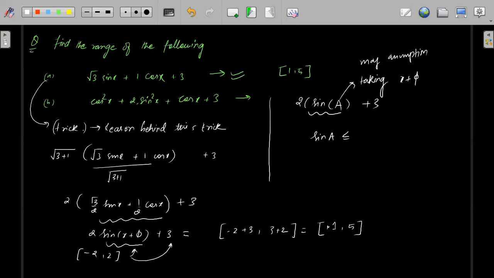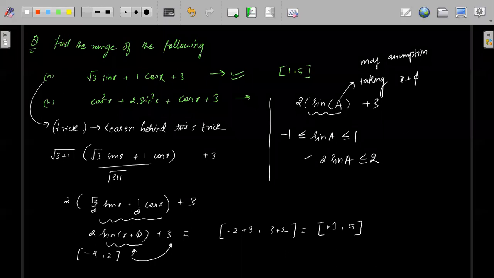Sine of a is less than or equal to 1 and greater than or equal to minus 1. This is the last time I'm explaining; this part I will not explain anymore. So 2 sine a will be less than or equal to 2 and greater than or equal to minus 2. But there is a plus 3 also.